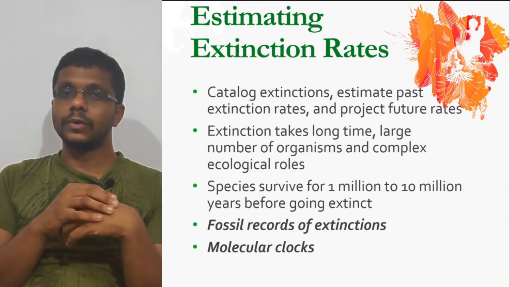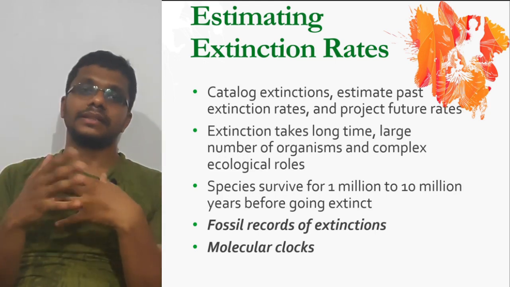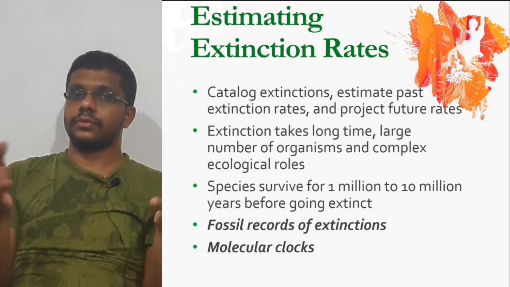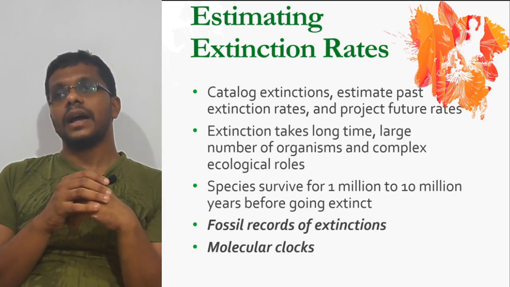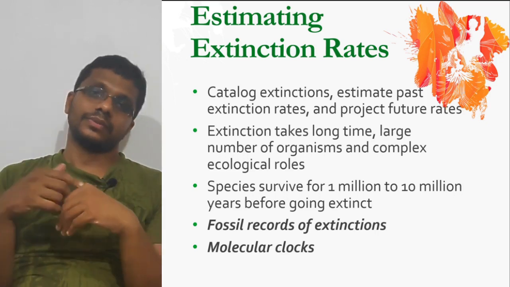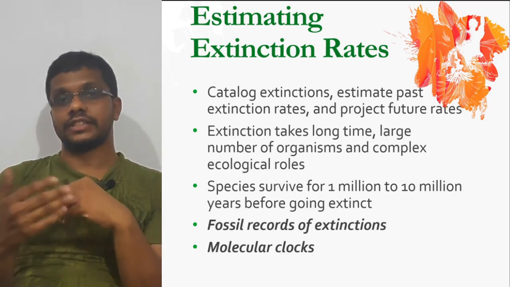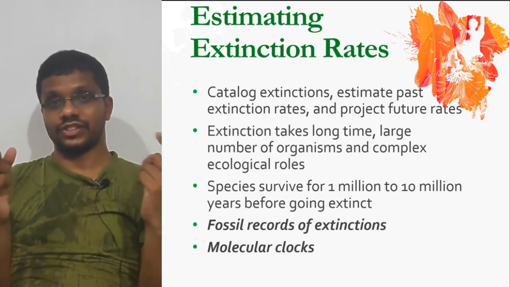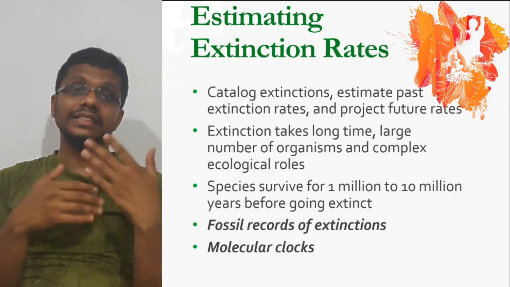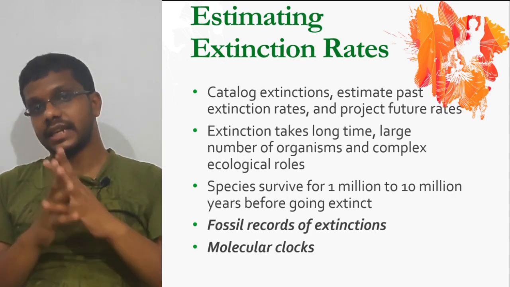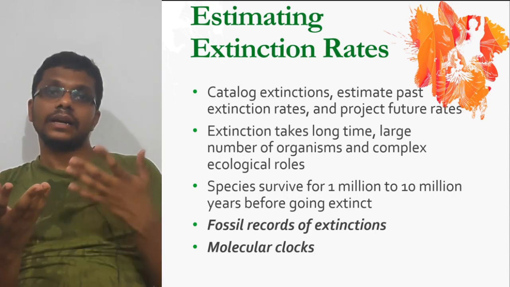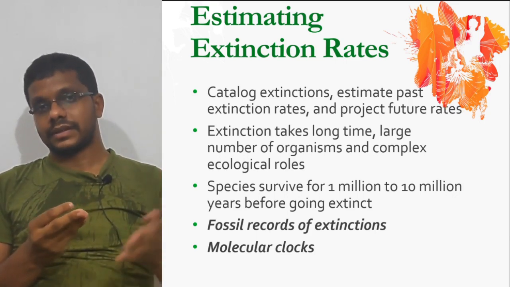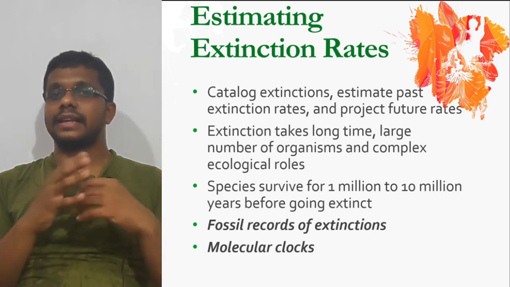Secondly, we have the molecular clock. The molecular clock is nothing but the changes in the DNA. We know DNA is made up of 4 different bases, and there is a process of natural mutation in this DNA, and it occurs at a very low rate and very constantly. So depending on the number of changes in a particular segment of DNA, we can calculate the time duration or the rates of speciation and things like that.